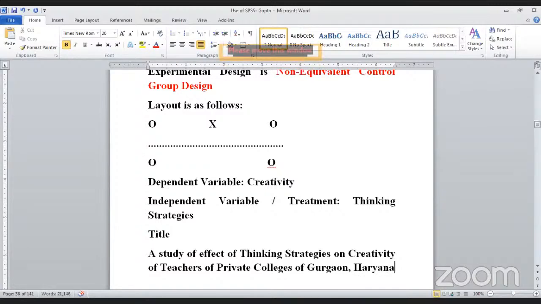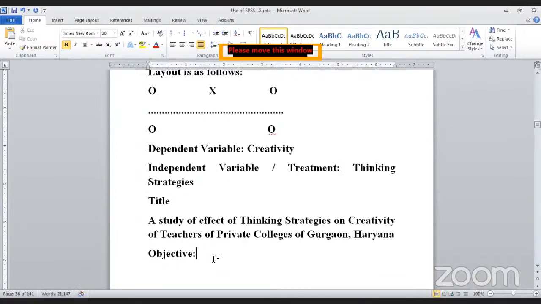If this is, then my objective is to study the effect of thinking strategies, because I'm taking two-way ANCOVA, so I must have two discontinuous variables.